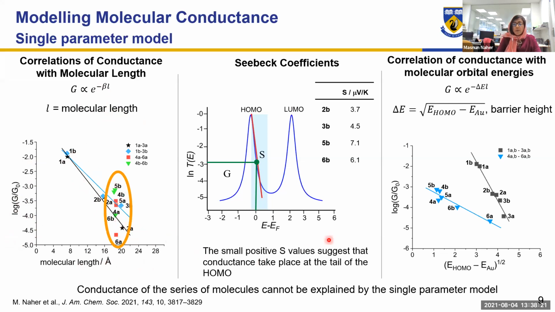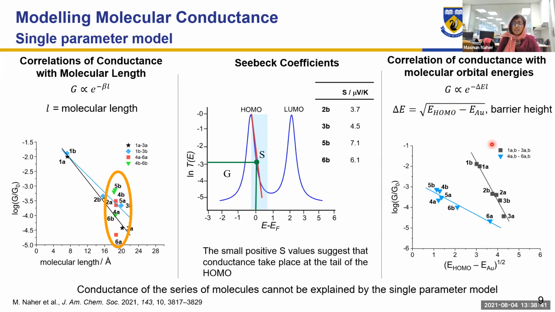In the next step, we measured the Seebeck coefficient. And you can see the Seebeck coefficient values are small and positive, which is telling us all compounds are HOMO-mediated. So we studied another single-parameter model, which is the correlation of conductance with tunnel barrier height.